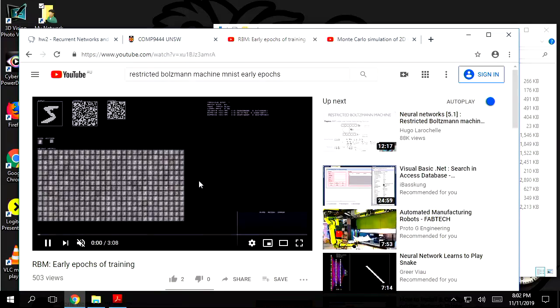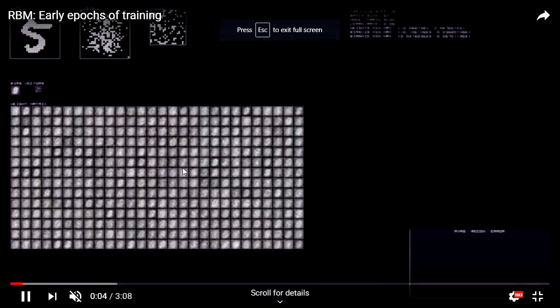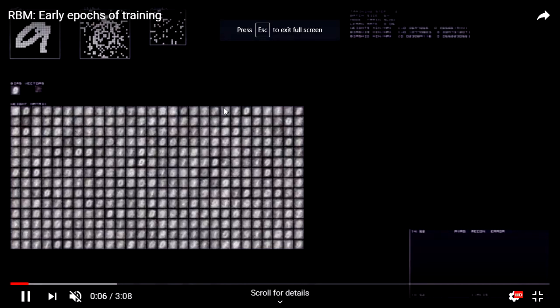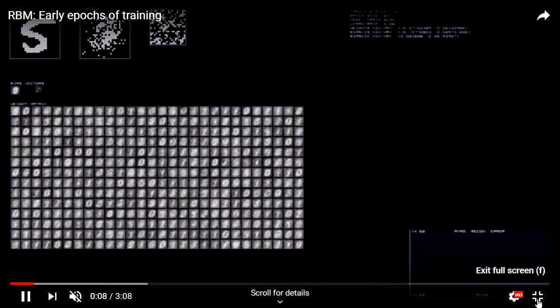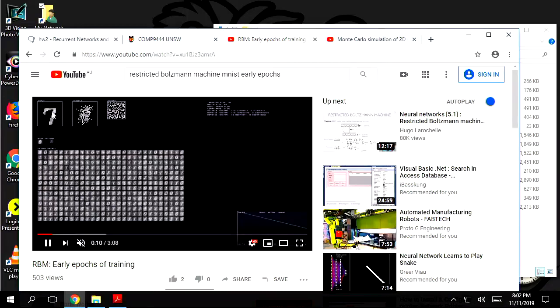This is the early epochs of training. Up in the corner here is the image that it's being trained on. It's presented with an image, the image is fed to the hidden units and then comes back again, and we get this image.